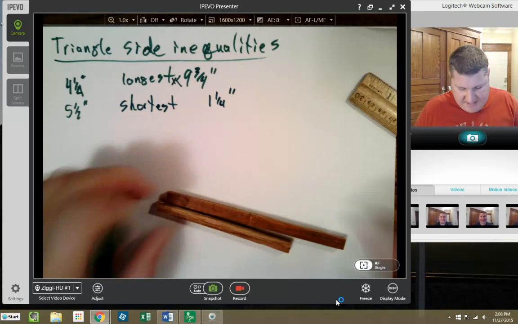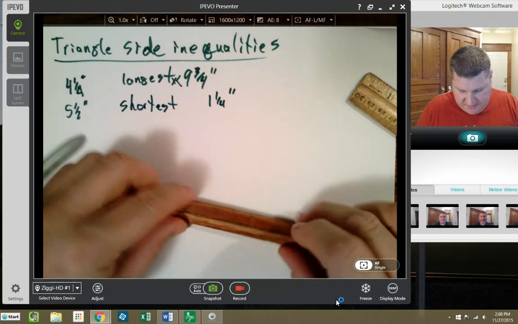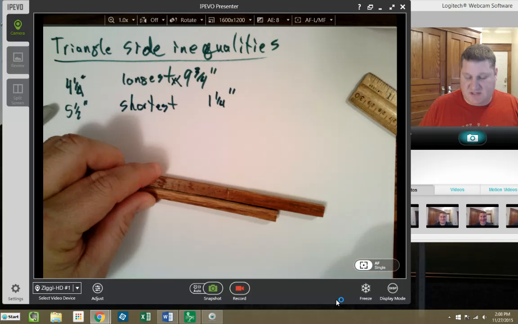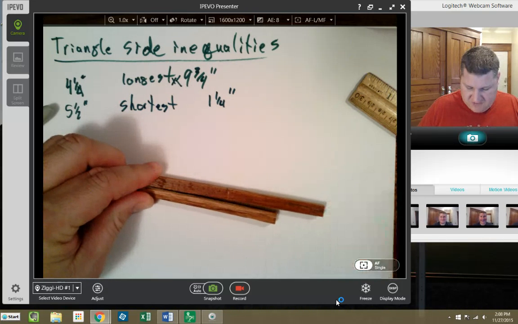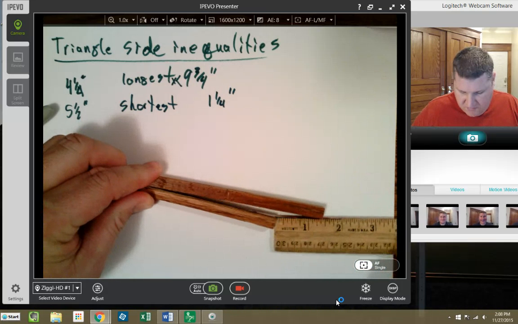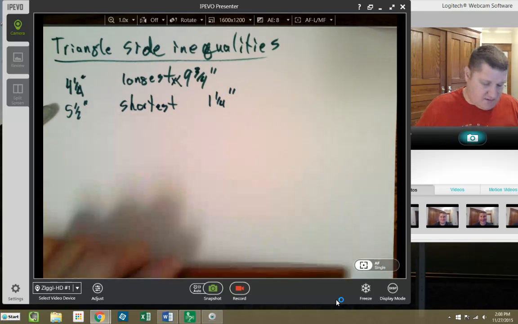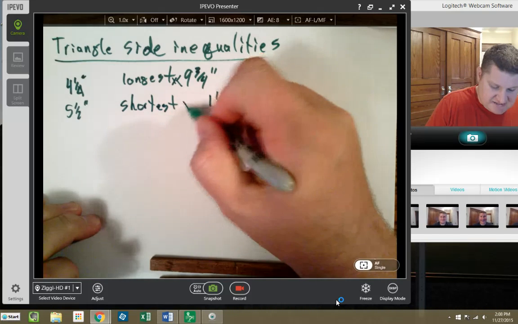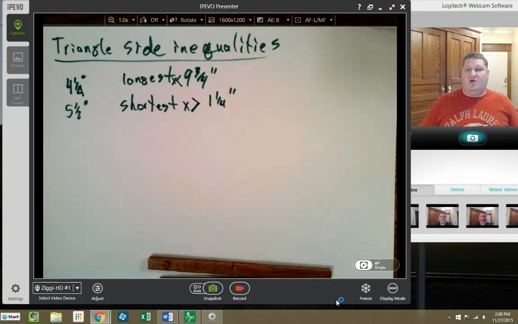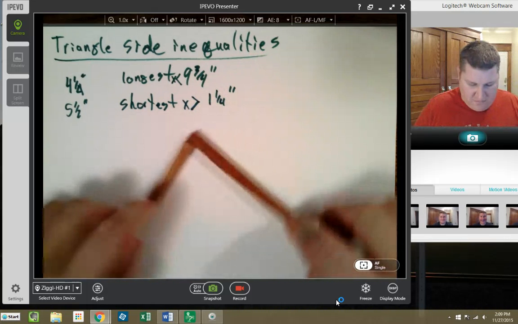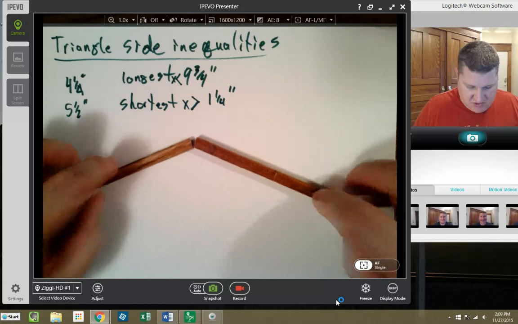But although, again, same problem, if they literally are touching, it's not really a triangle, so I'd have to move it off just a little bit, which would mean it gets a little longer than 1¼ automatically. So x has to be greater than 1¼.